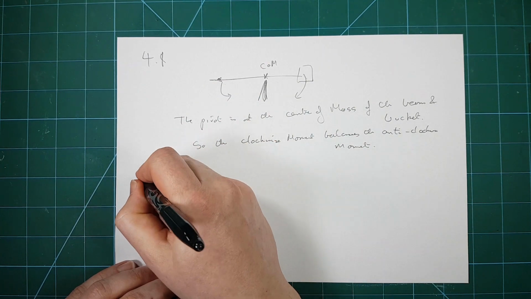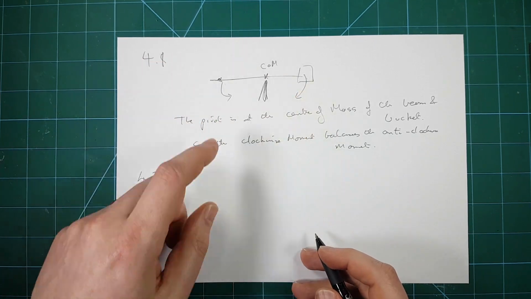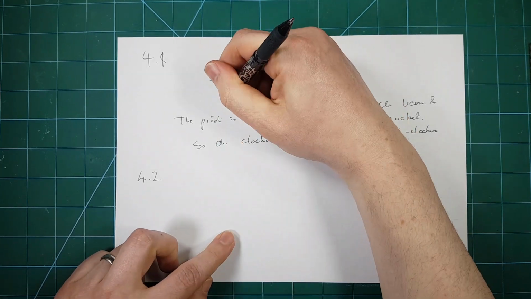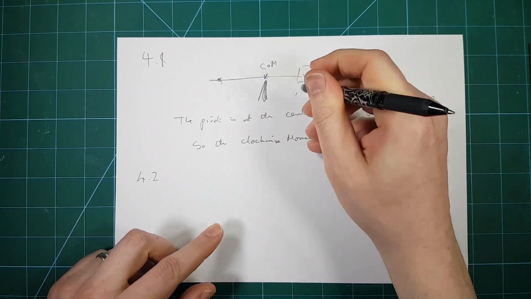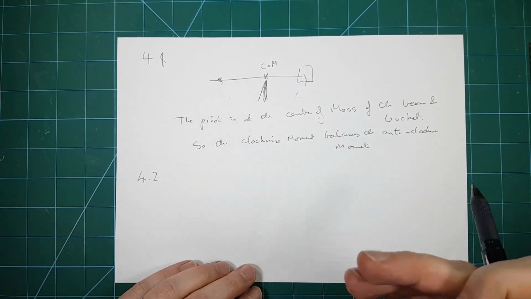Right, 4.2. We've added some stuff here and we've got a rope here. So we can ignore the beam because that's already balanced.